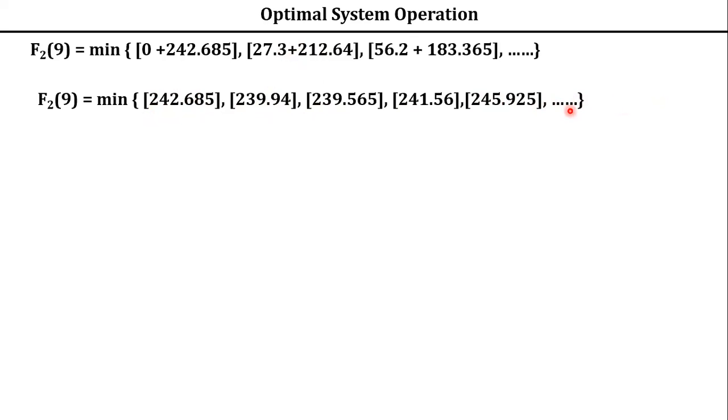However, here it is represented as etc. Even in your test and examination, unless it is asked you to show, don't show. For explanation purposes, just show this etc. Understood? Okay. Now what do we have to get from F2 of 9? The minimum of all these values. Where you have the minimum of all these values, you can see 239.94, 239.565.